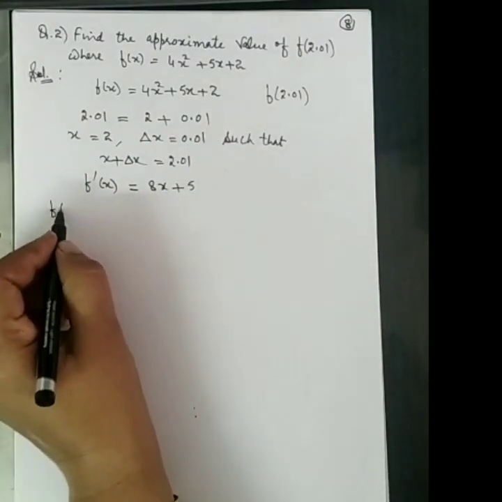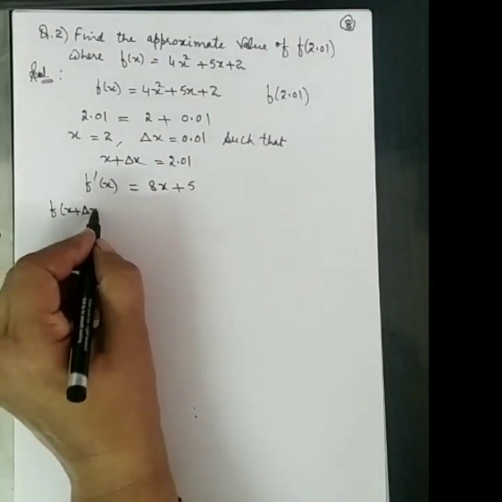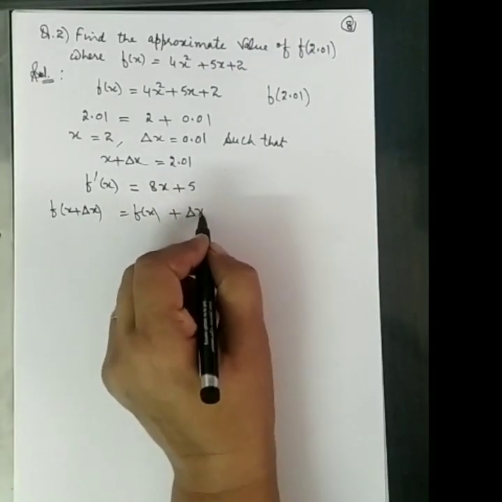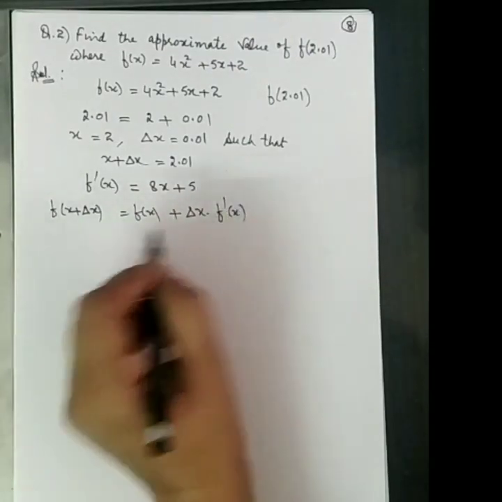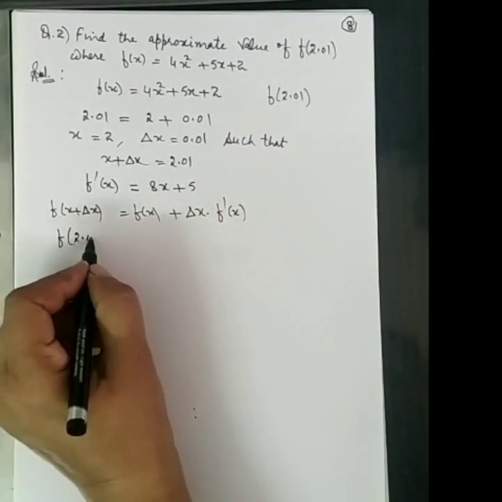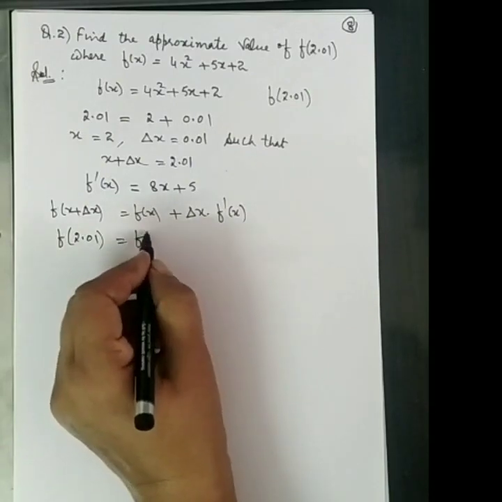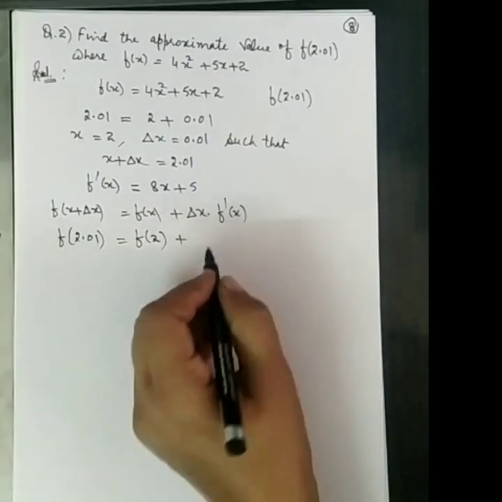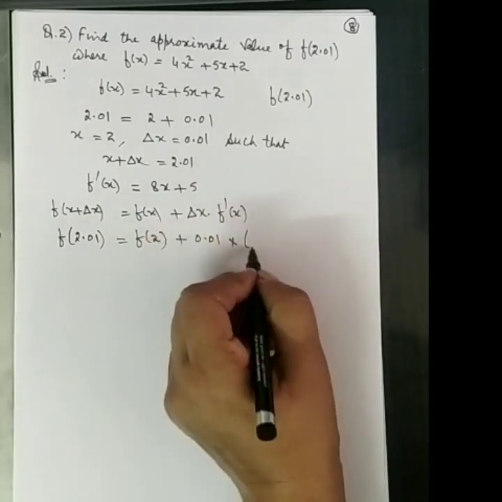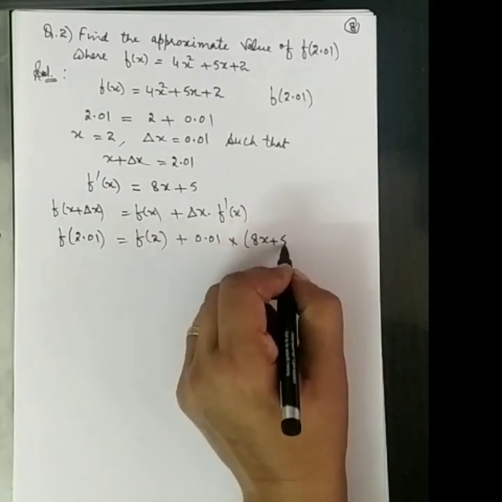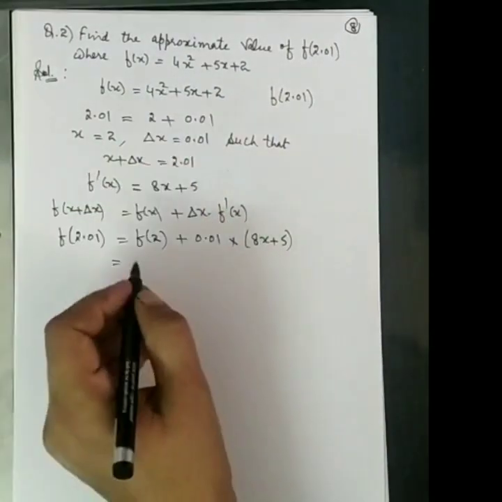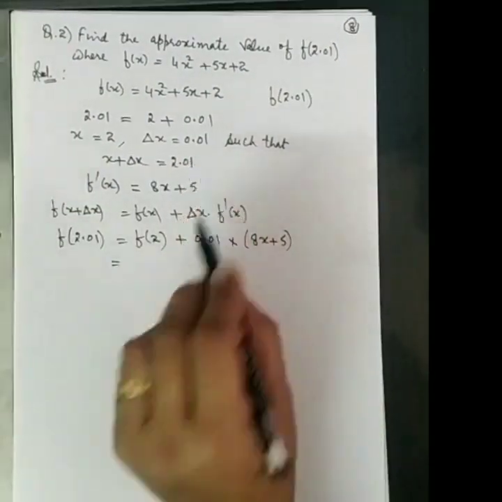Now write the formula f of x plus delta x. It is f of x plus delta x into f dash x. So f of x plus delta x means f of 2.01 is equal to f of 2 plus 0.01 multiply f dash x, that is 8x plus 5. Now what will be f2? f2 means in f(x) put the value of x as 2.